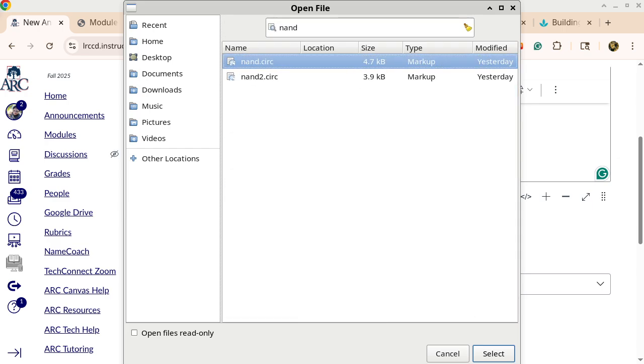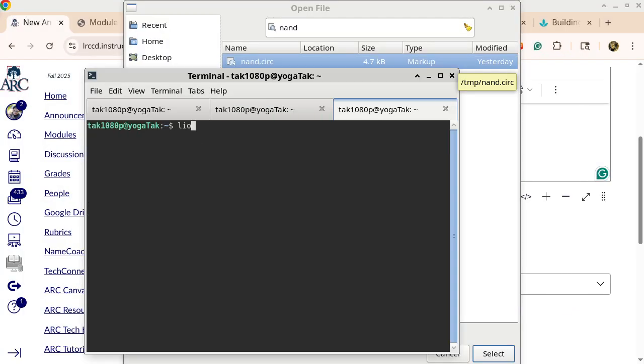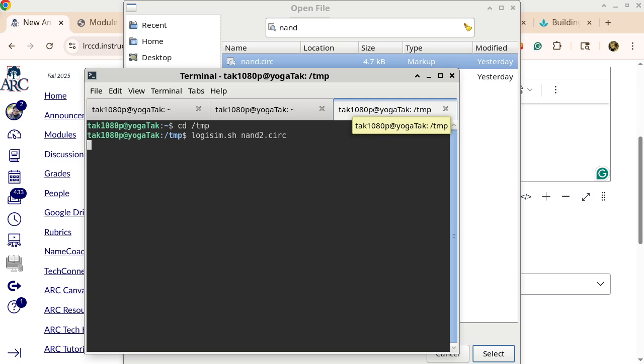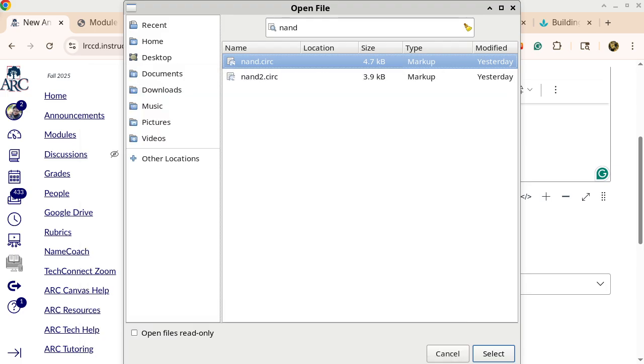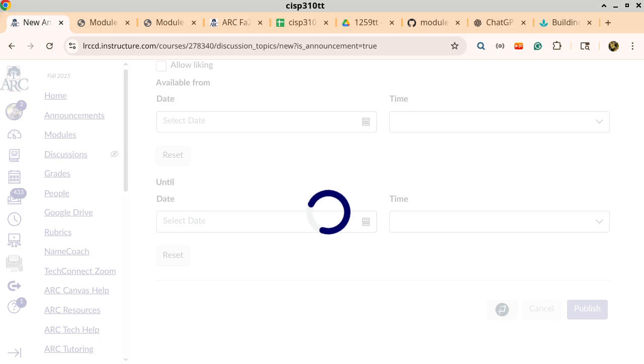Now I have to remember which one is mine and which one is my students'. Okay, better double check that first. Nope, that's the wrong one. So it's the one without the two. That will be this one. There we go. And send it away.